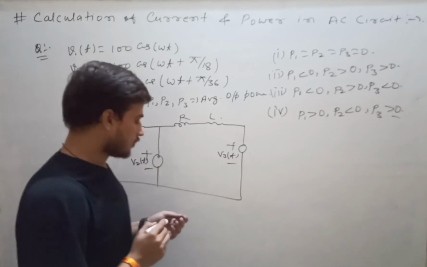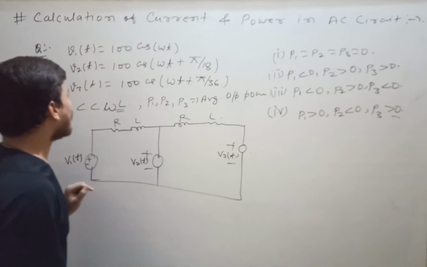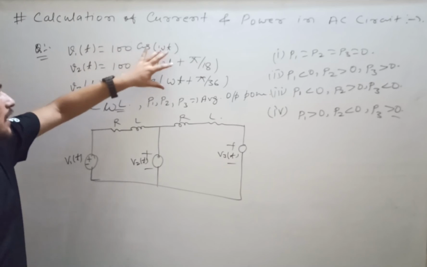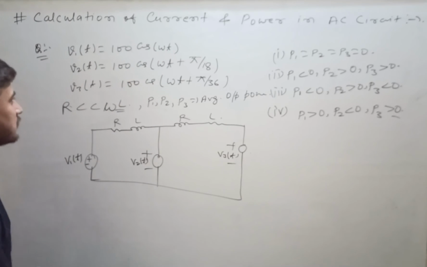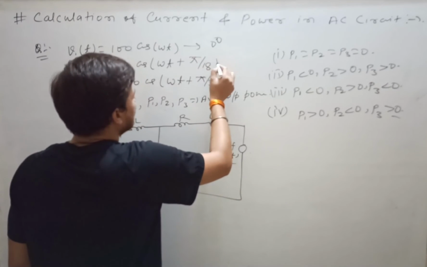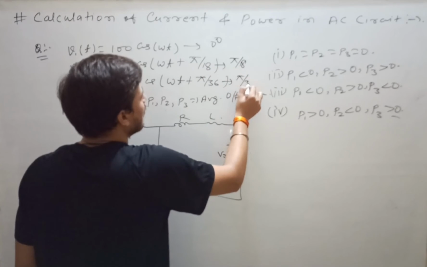So let us see how to think about this question, how to solve this question. Three voltages are given, all having different phase angles. Here the phase angle is 0 degree, here π/18, here π/36.